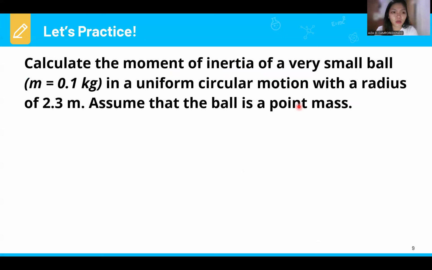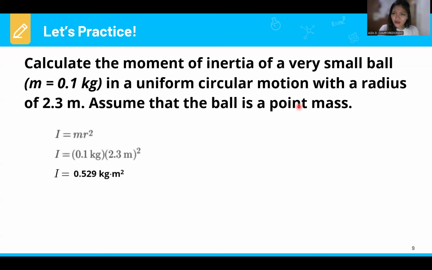Let's have an example right here. Calculate the moment of inertia of a very small ball with a mass of 0.1 kilogram in a uniform circular motion with a radius of 2.3 meters. Assume that the ball is a point mass. In this case, we're going to use the formula I equals mass multiplied by radius squared. Then we substitute the values of the mass and the radius.